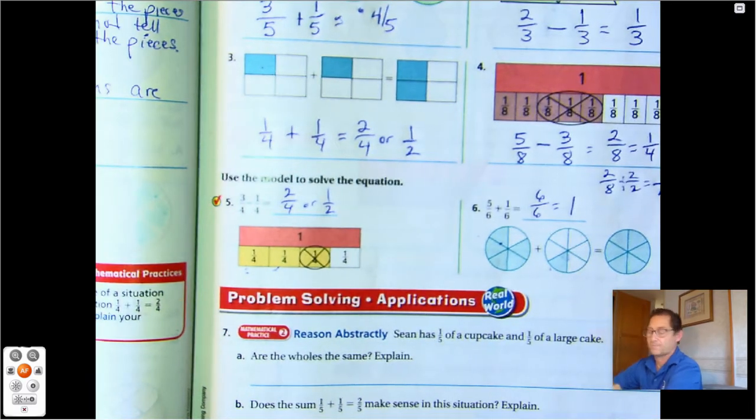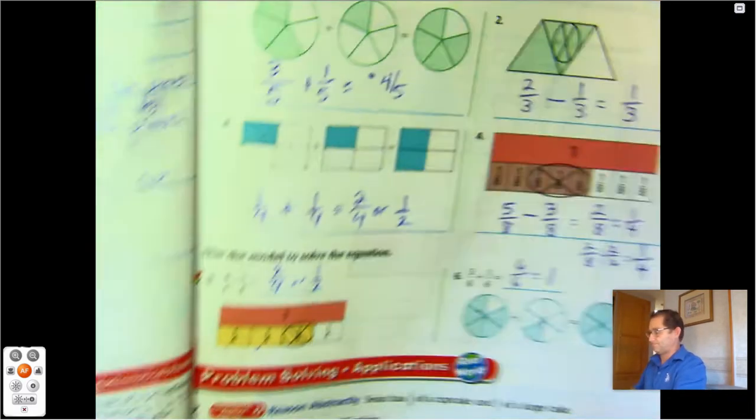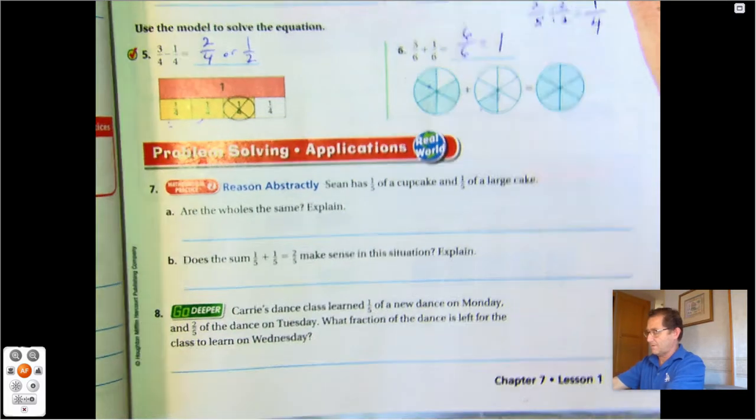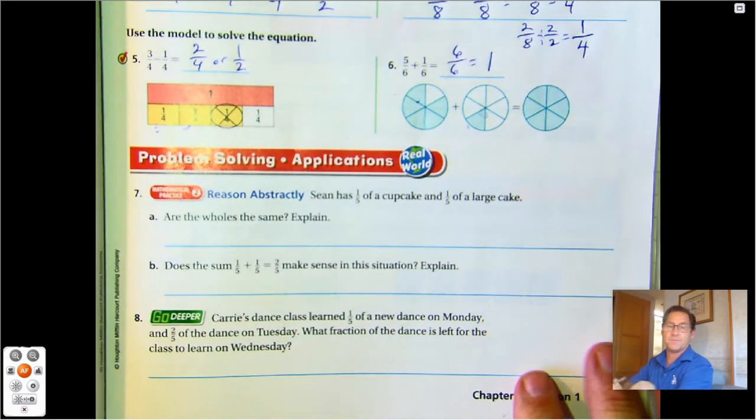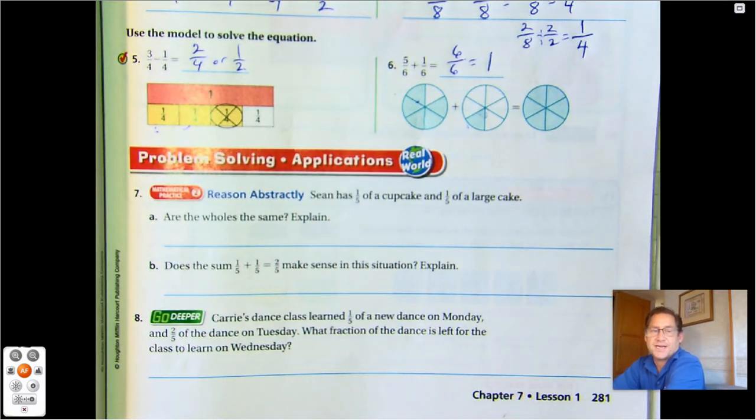Okay, number 7. Sean has 1/5 of a cupcake, 1/5 of a large cake. Are the wholes the same?